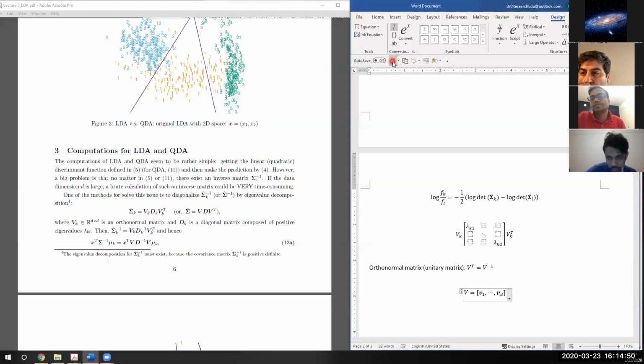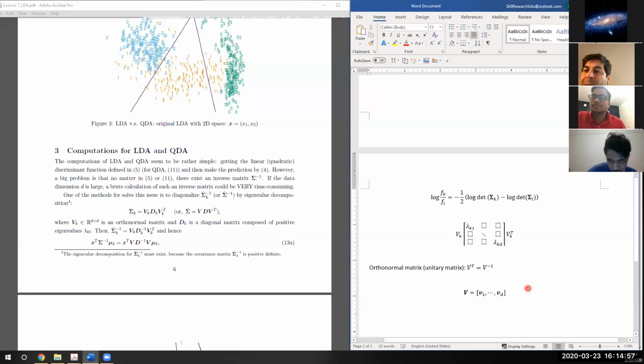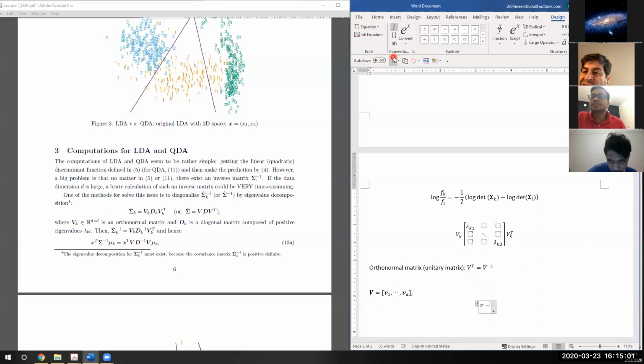Let me bold it. I wish I could use bm, which would be much easier and faster. Orthogonal means any Vi transpose Vj equals 0, right?